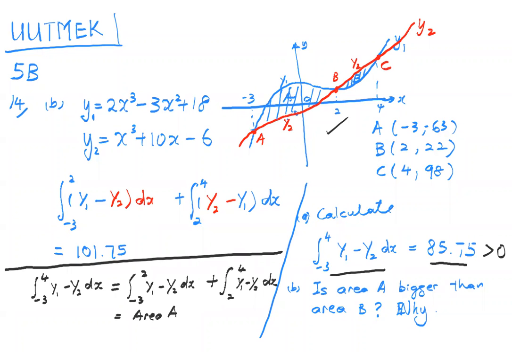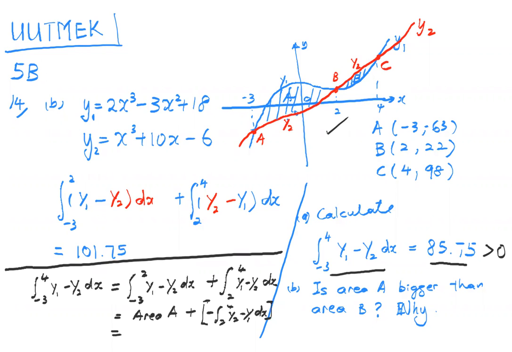Integrate from 2 to 4, y1 minus y2 is the same as negative integrate 2 to 4, y2 minus y1, am I right? I just changed. Instead of y1 minus y2, now I become y2 minus y1 dx.